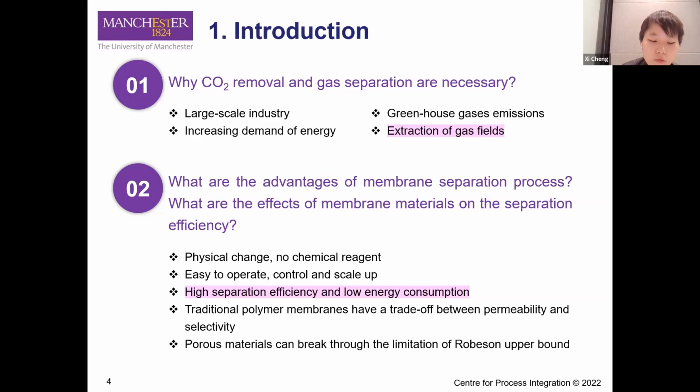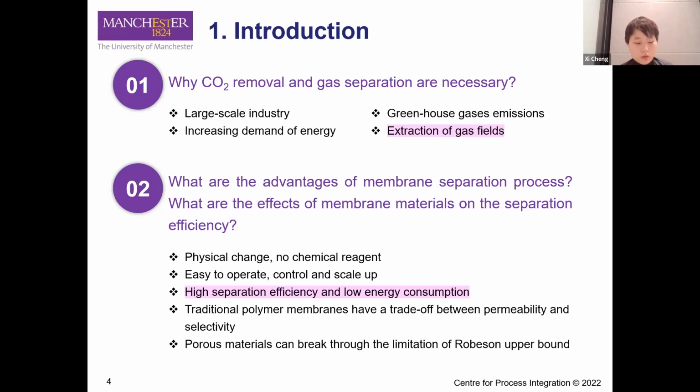Membrane separation efficiency is mainly characterized by 2 parameters: one is permeability and one is selectivity. The permeability reflects the flux and the selectivity reflects the purity of the product. High selectivity can achieve high purity, which reduces the reliance on other complex units such as distillation. High permeability means a smaller membrane area to achieve the same flux, which reduces the capital cost.